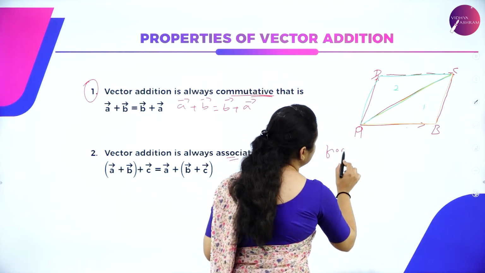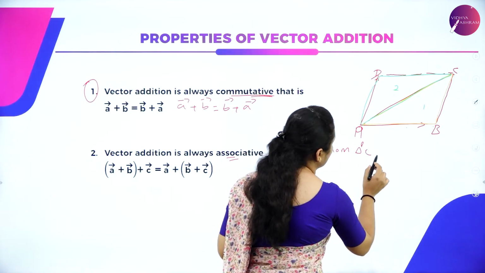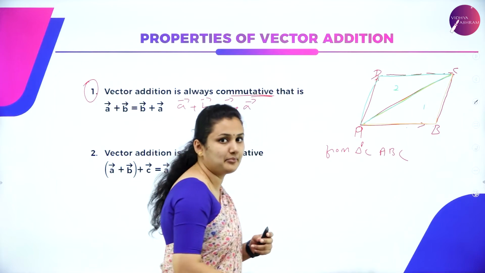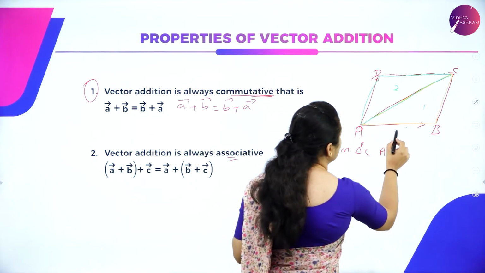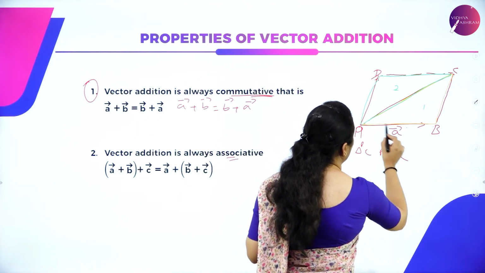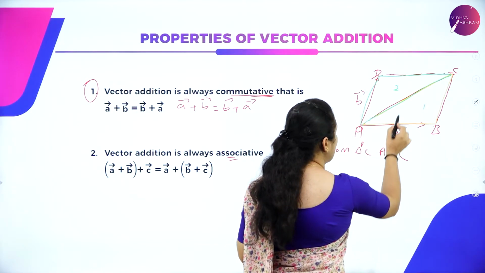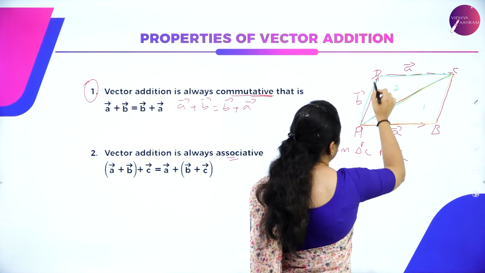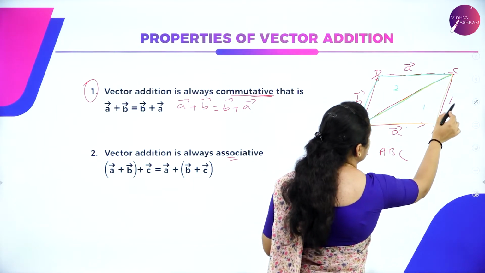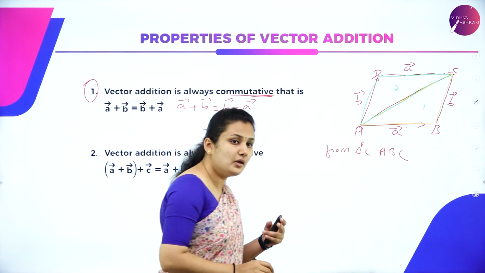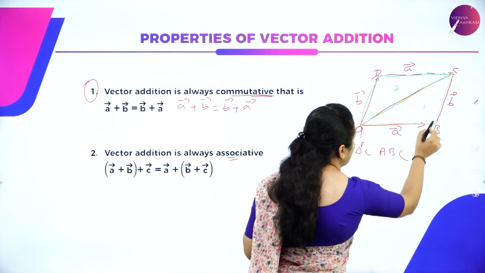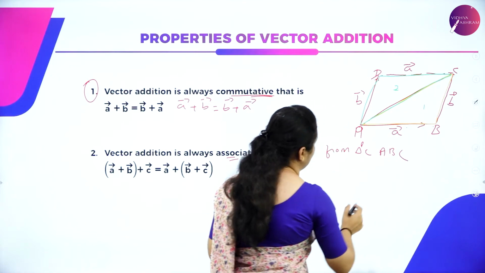From triangle ABC, this is given by vector A and this is given by vector B. Since they are parallel, AB is parallel to DC, this is also A. AD is parallel to BC, this is also given by vector B.